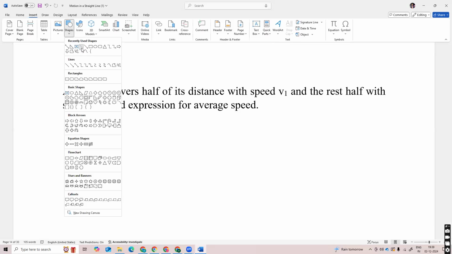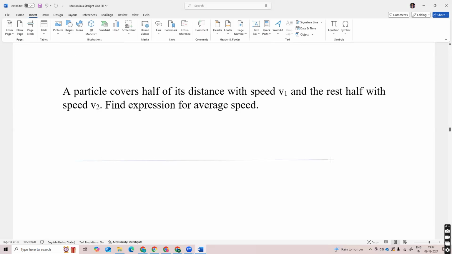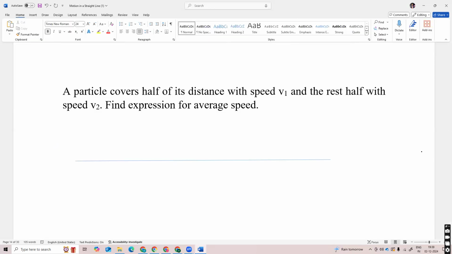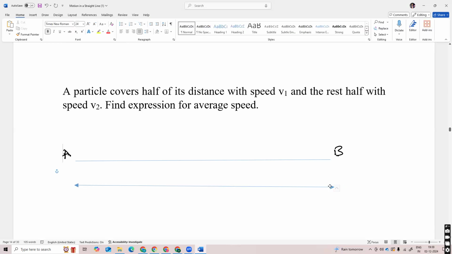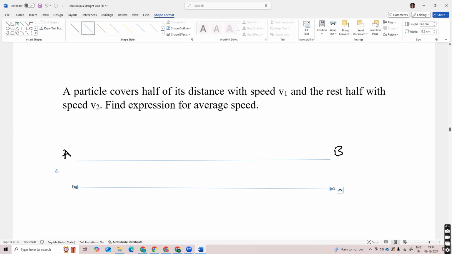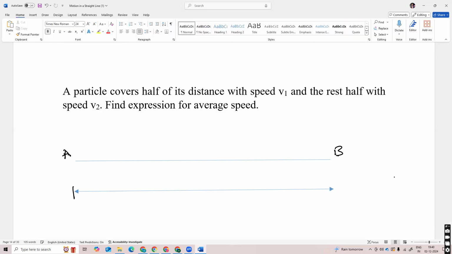Let's say a particle is moving from point A to point B, and the distance between A and B is D. The particle covers half of its distance with speed v1.